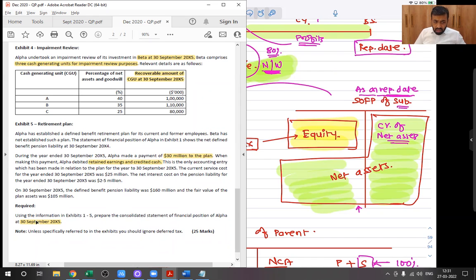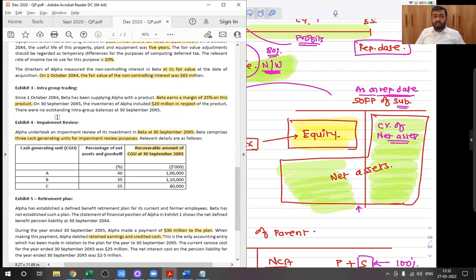You are required to prepare the consolidated statement of financial position of Alpha at 30th September 2025. Okay. Unless specifically referred to in the exhibit, you should ignore deferred tax. Intra-group trading balances or elimination of unrealized profit will have the effect of deferred taxes.